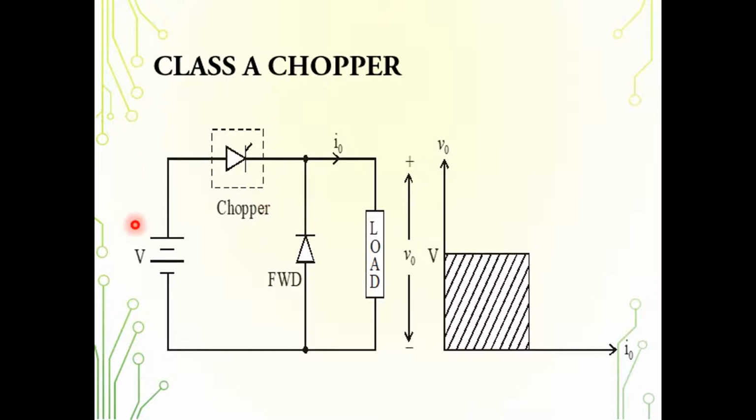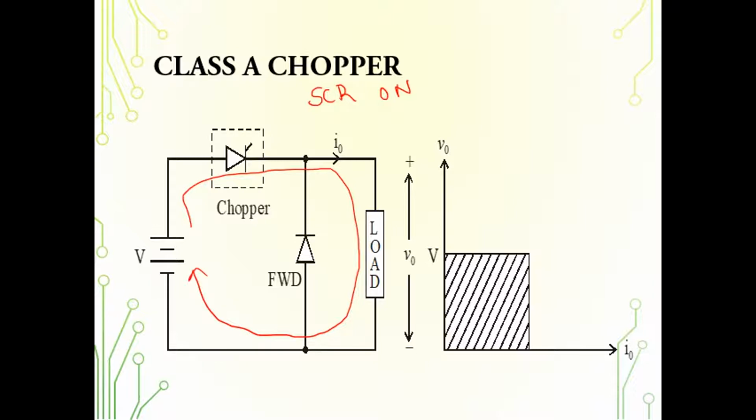Now we have to analyze the circuit. When we analyze the circuit, we consider the SCR to be on or off. When the SCR, that is the chopper switch or thyristor, is on, the current flows through the load in this way.